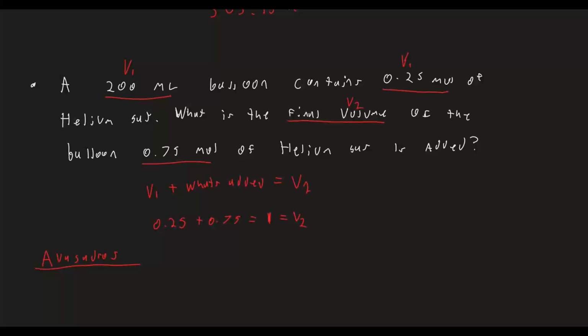So Avogadro states that the initial volume over the initial number of moles is equivalent to the final volume divided by the final number of moles.